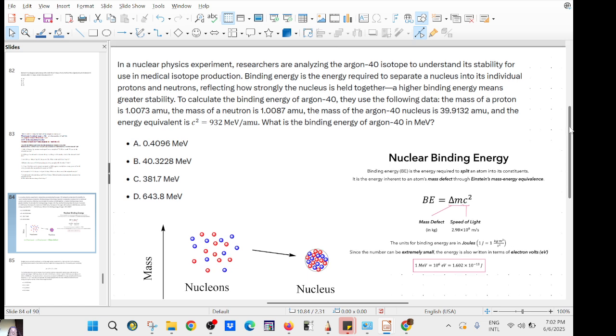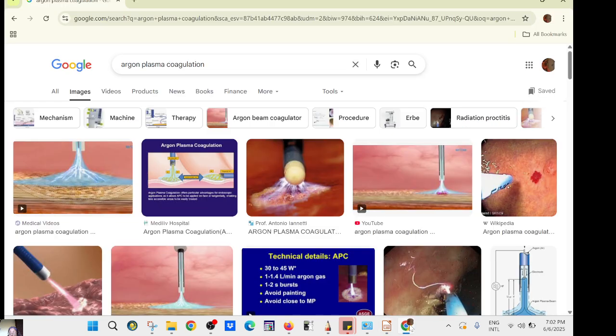Okay, so let's try to do this one. They talk about argon-40. So argon-40 is a noble gas, so it's very, very stable. And it's used in medicine because you can make a plasma with that gas, and you use it for cauterization, to stop bleeding.